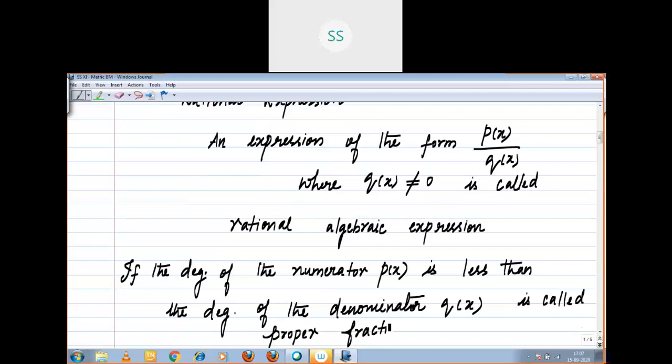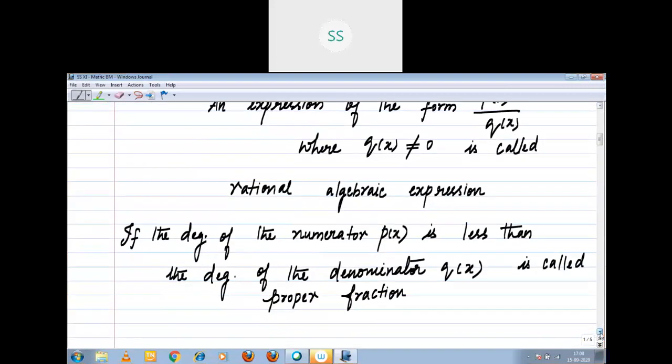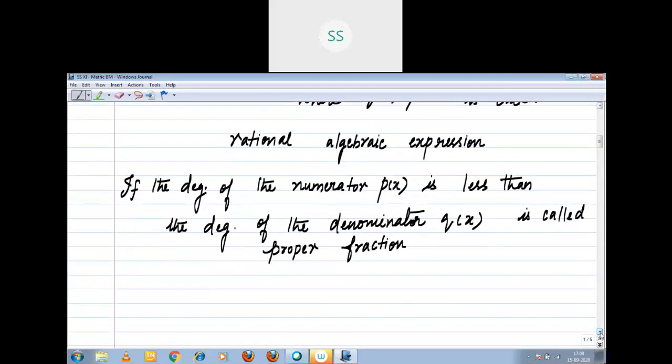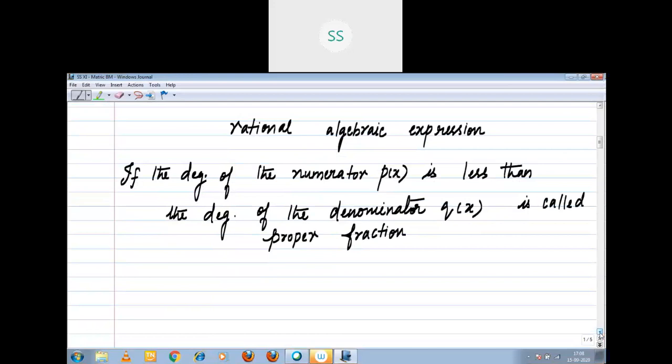Here we are going to discuss using polynomials, so I mentioned the degree. For numbers, the numerator being less than the denominator means it is proper. The numerator greater than the denominator is improper.